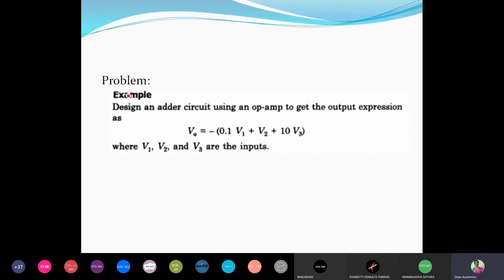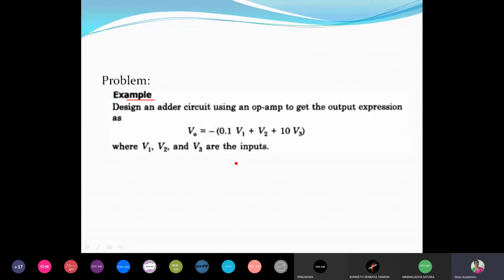All of you please note down this example problem: design an adder circuit using an operational amplifier to get the output expression as V0 = -(0.1 V1 + V2 + 10 V3), where V1, V2, V3 are the inputs.